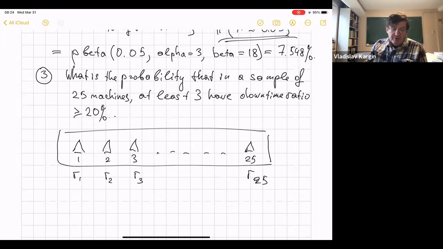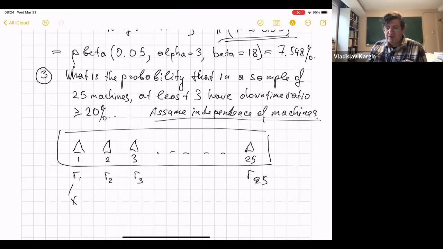We model every one of these ratios using a random variable X, and we also assume independence of machines. It's not the case that if one machine is bad then all other machines are bad.